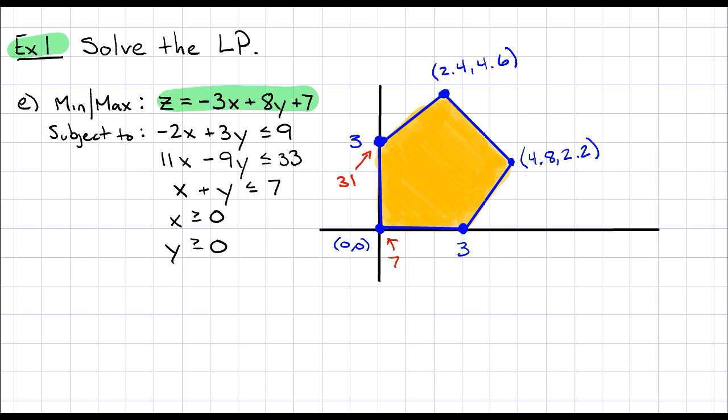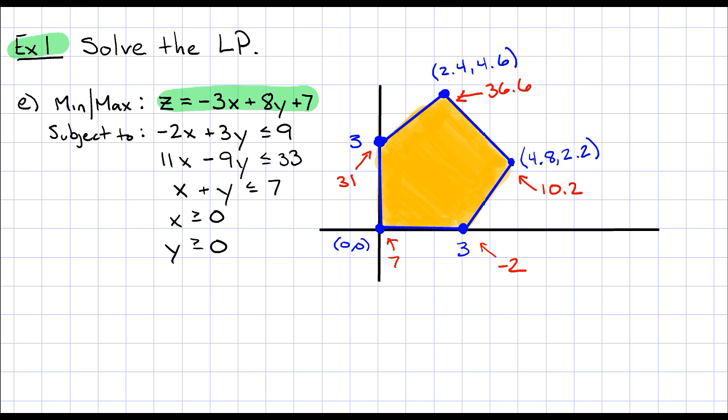Plugging in x equals 3 and y equals 0 gives me minus 2. And then plugging in these other 2 points, this one's going to give me 36.6. Of course, I would use a calculator to calculate these. And plugging in x equals 4.8, y equals 2.2, is going to give me 10.2.